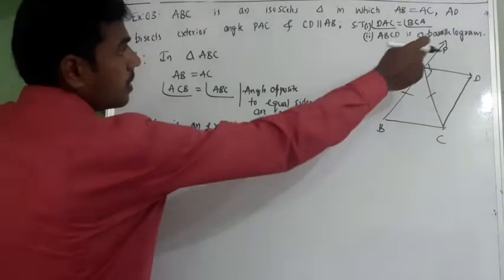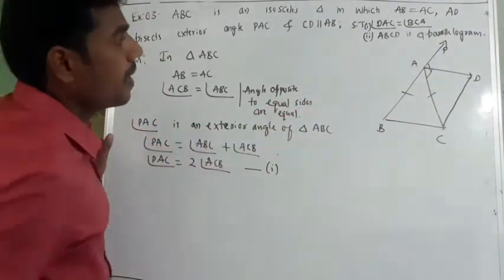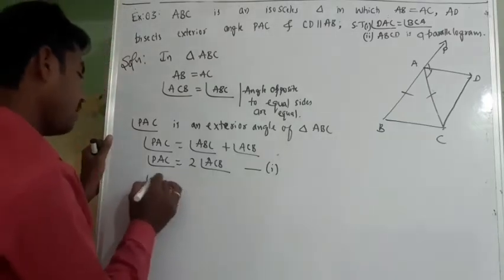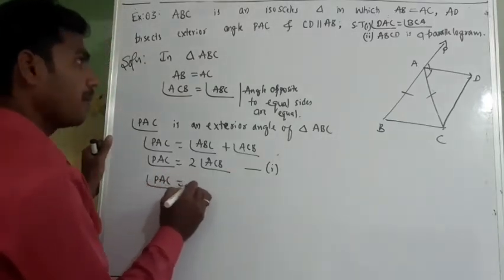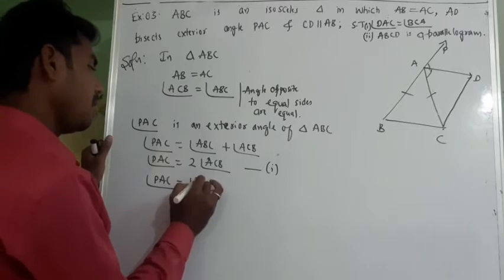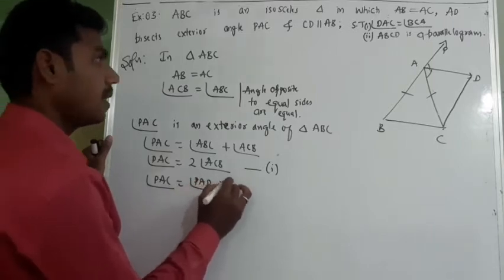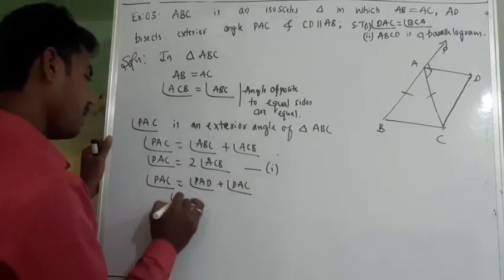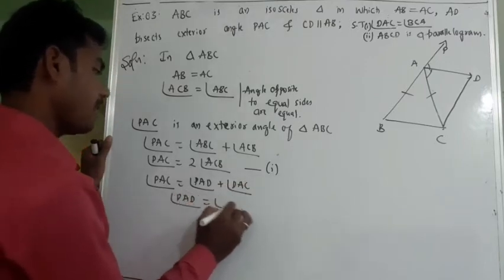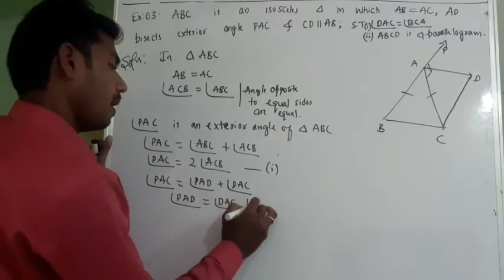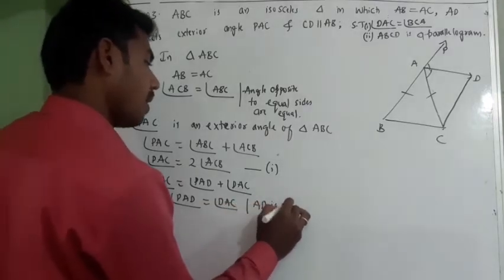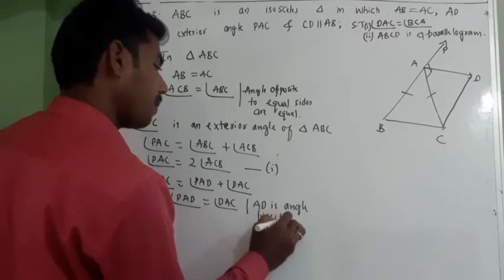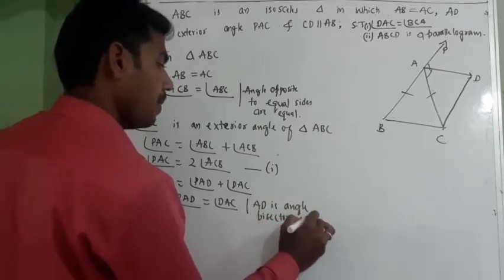Next, since AD is the angle bisector of angle PAC, what can I write? Angle PAC is equal to angle PAD plus angle DAC. And we know that PAD is equal to DAC, because AD is the angle bisector of angle PAC.